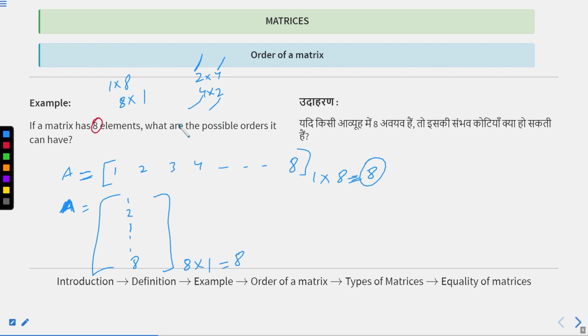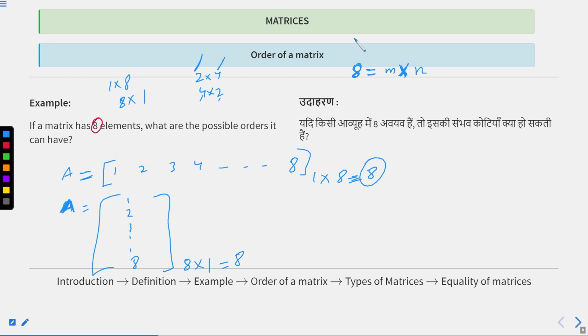Can you think of another way? No, you cannot. Why? Because you want this 8 to be rewritten as a multiplication of two natural numbers. We want two natural numbers here, and their product must be 8.